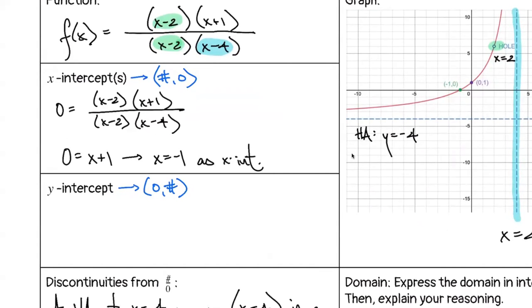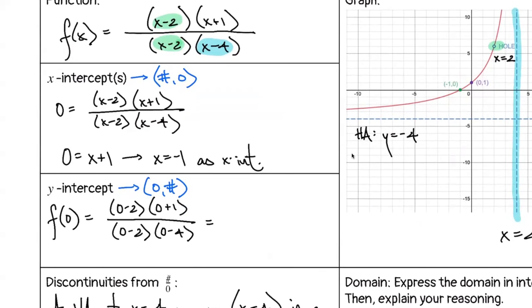How do I find a y-intercept? Everywhere I see x, I'm going to put in 0. So let's see what we have right now. 0 minus 2, 0 plus 1, 0 minus 2, 0 minus 4. What does that give me if I just plug in 0 right now?